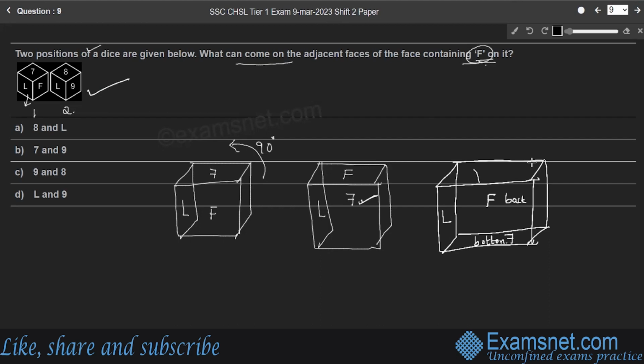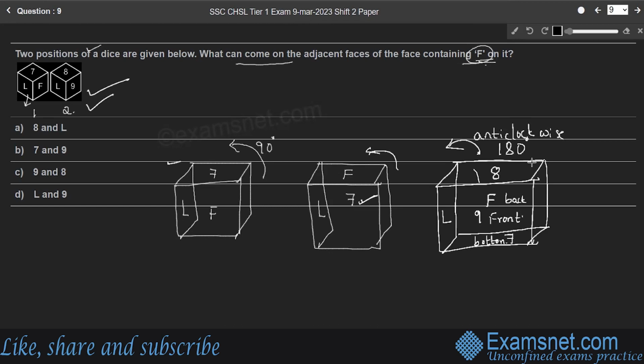Consider the second position of the dice where L is the left face and 8 is the top face, right? When the dice is rotated through 90 degree and once again 90 degree, right? So totally when it is rotated through 180 degree in anti-clockwise direction, you will get the second position of the dice where 8 is the top face and 9 is the front face.